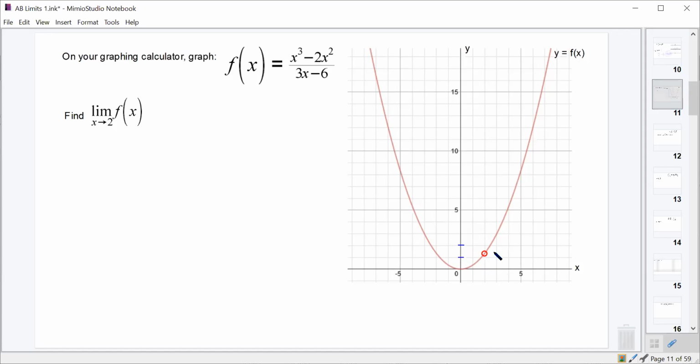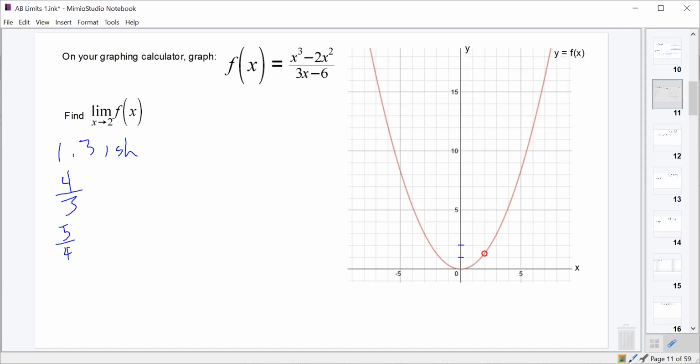So what does it look like? Anybody got a guess? 1.3-ish. 1.3-ish. I like that. We'll write that down. Anybody have a different guess? 4/3. 4/3, not 4/3-ish, just 4/3. Anybody else? 5/4. 5/4? We got lots of good guesses.